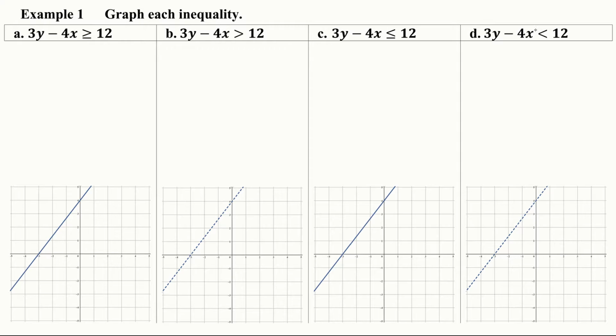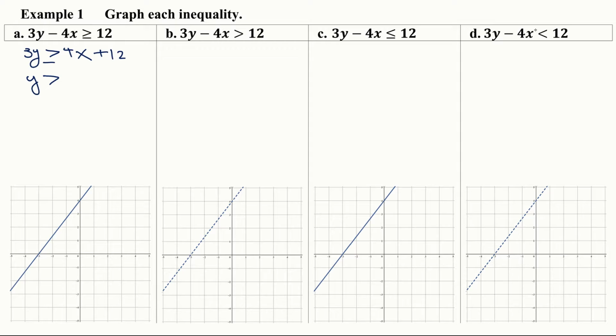So we're going to solve the inequality for y. That means we're going to move the negative 4x to the other side, where it becomes positive 4x plus 12, right? So now we're going to divide both sides by 3 to get y by itself.